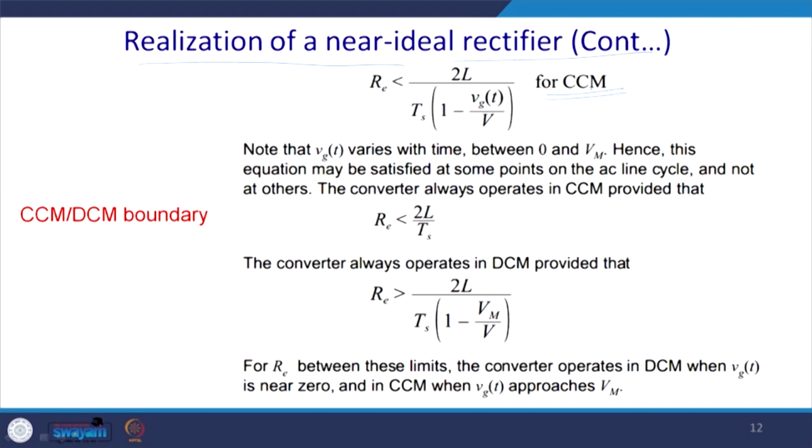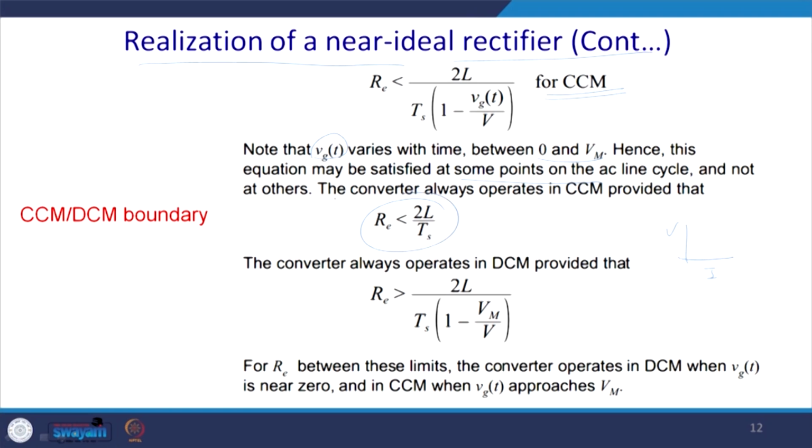Note that Vg(t) varies with time between 0 and Vm. Hence, these equations may be satisfied at some point of the AC line. So, the AC line is basically a V and I, and you can draw the effective value of this Re.